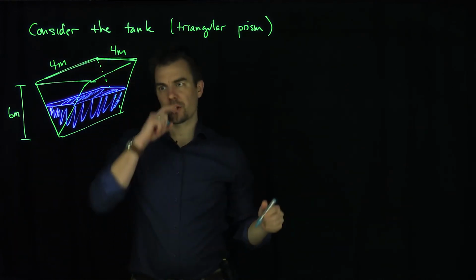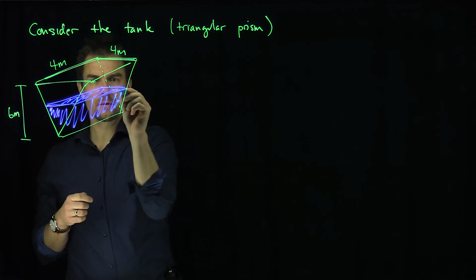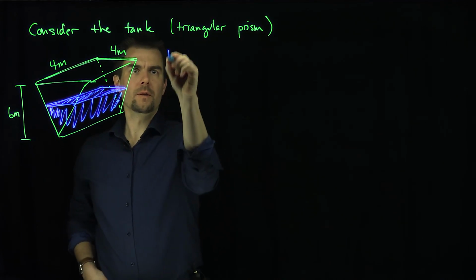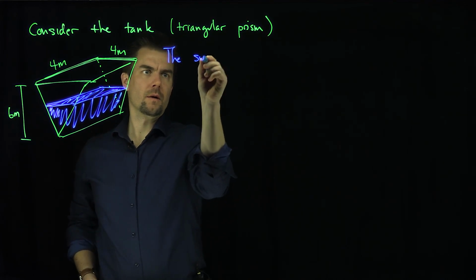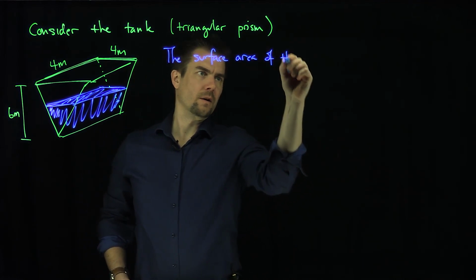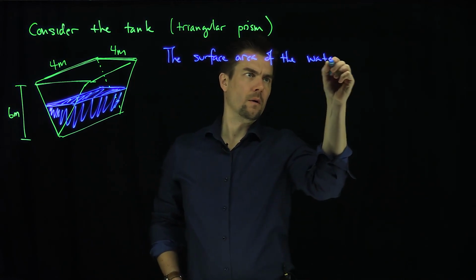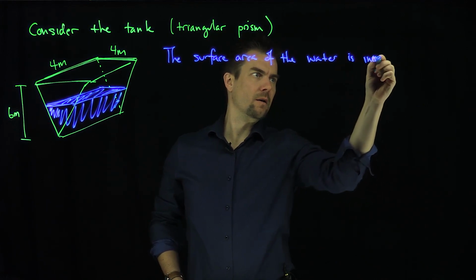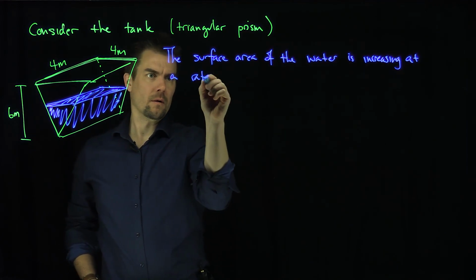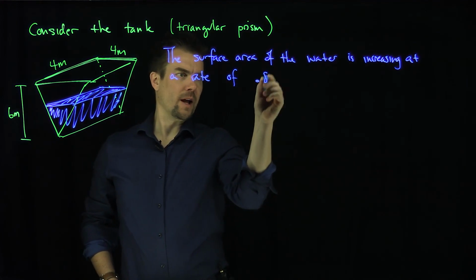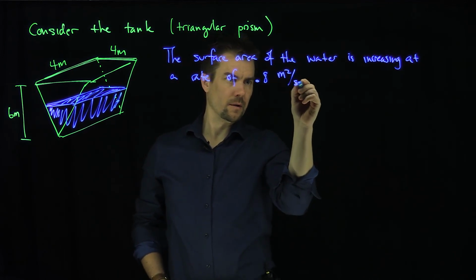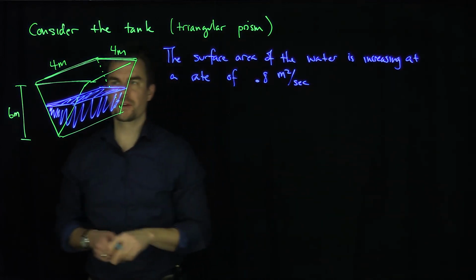And then we make the observation that the surface area of the water that you see is increasing at a rate of 0.8 meters squared per second, or minute, whatever you want the time scale to be.